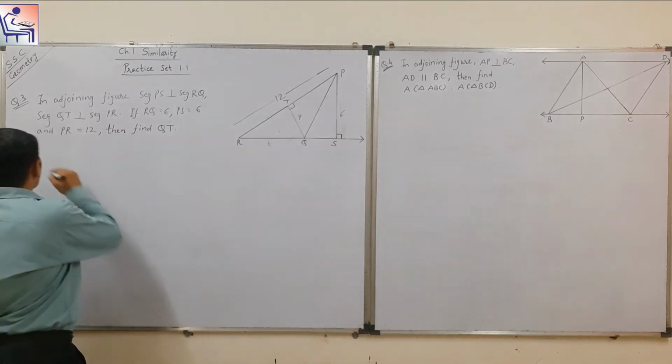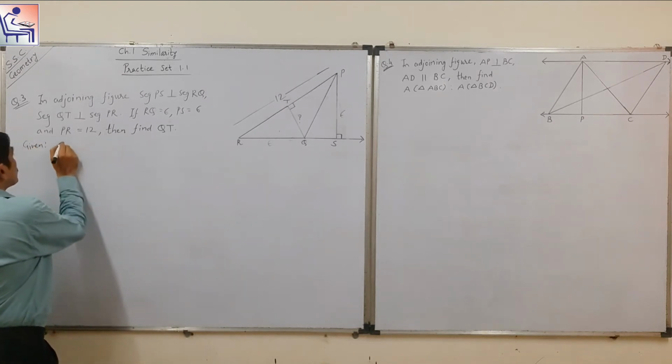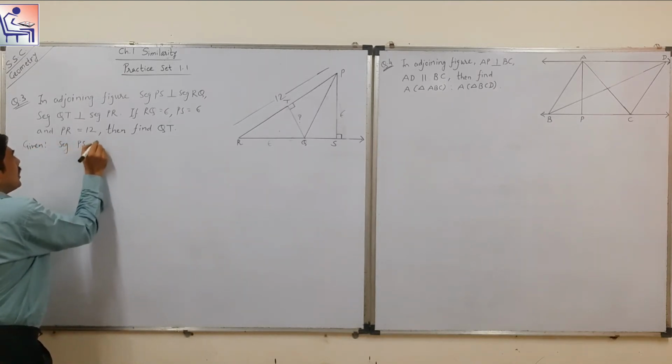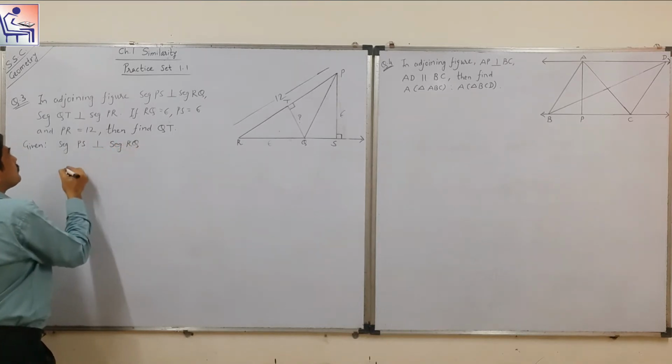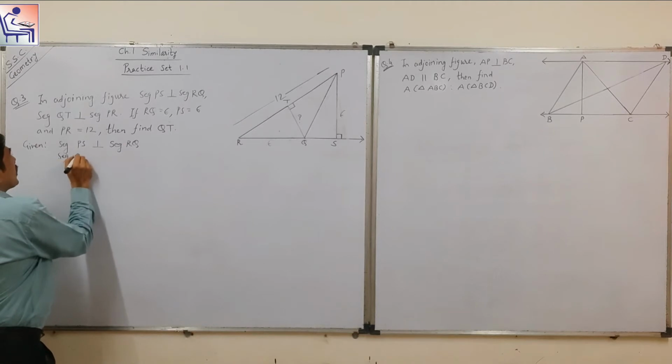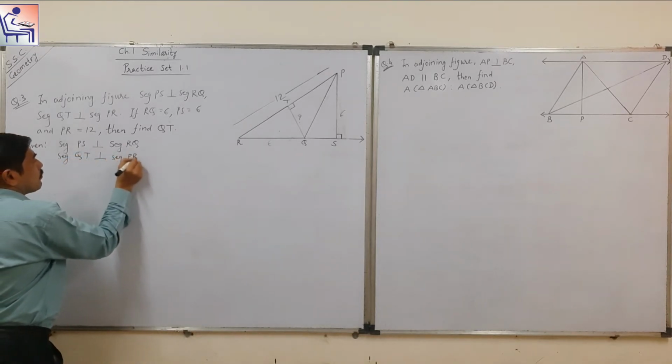Here in this question, what is given? Segment PS is perpendicular to segment RQ. Segment QT is perpendicular to segment PR.